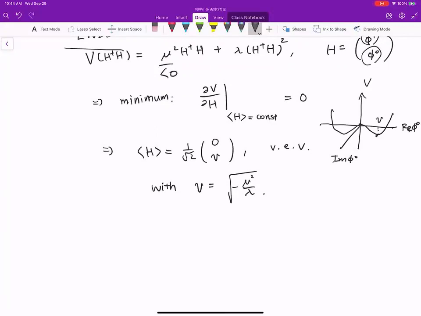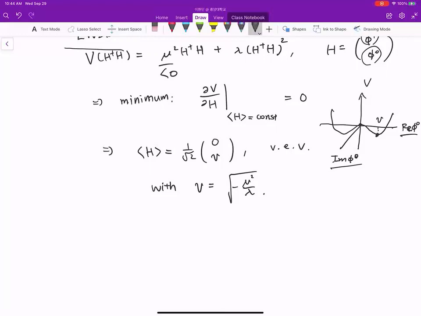We are not interested in this more complicated potential, but the non-zero vacuum expectation value is taken only along the neutral component.